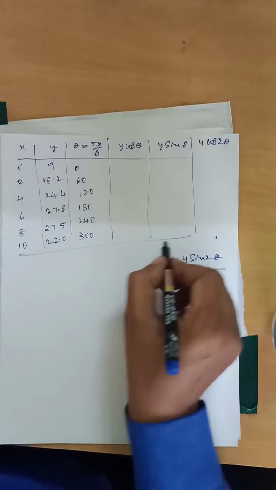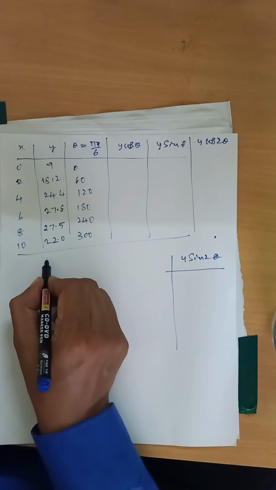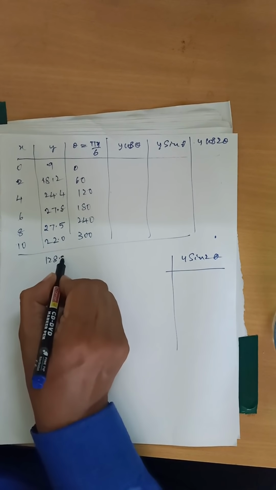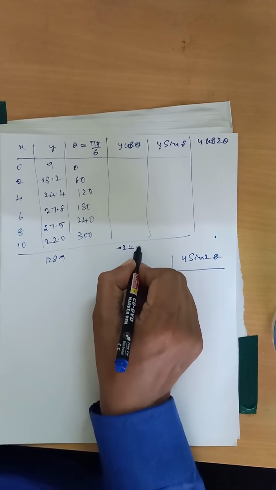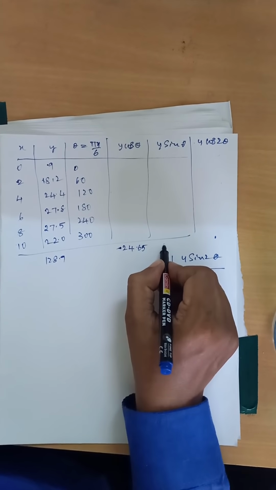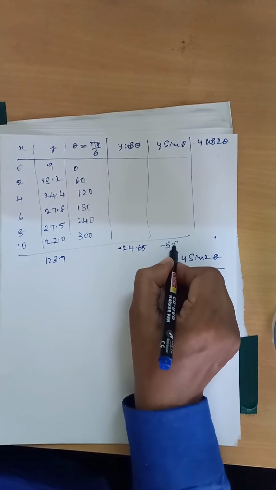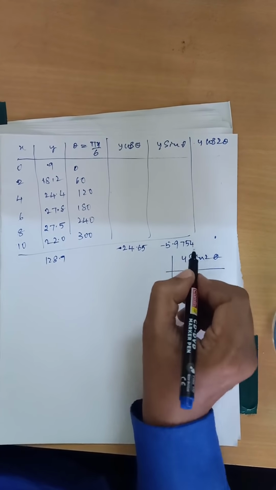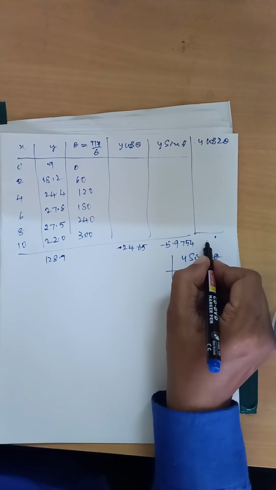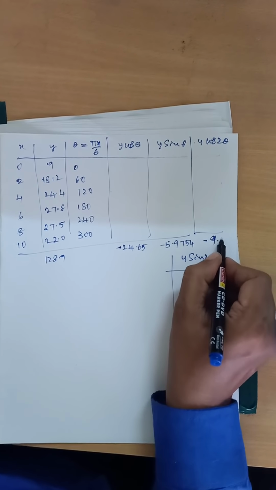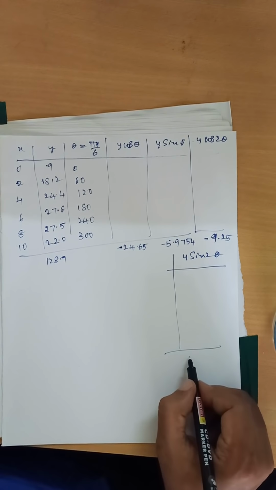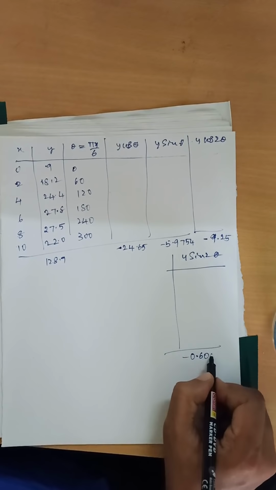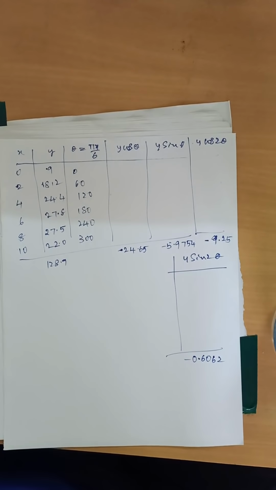So here the summation of y is 128.9, y cos theta summation is minus 24.65, y sin theta is minus 5.9754, y cos 2 theta is minus 9.25, y sin 2 theta is minus 0.6062.